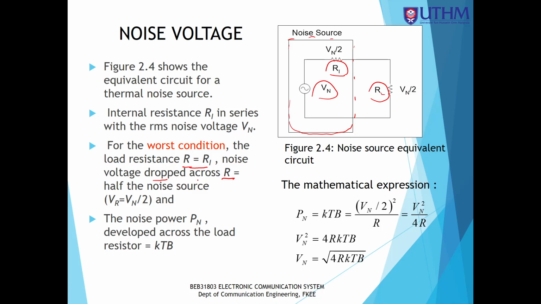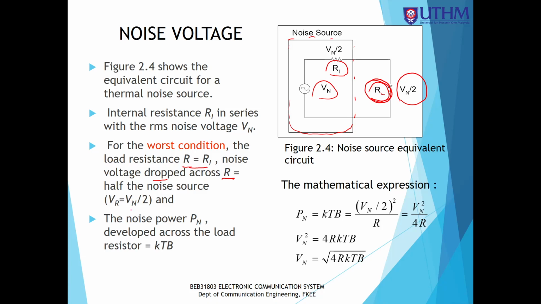When the load resistance equals the internal resistance of the noise source, the voltage drop across the load resistance is half of the noise source. So this is considered as the worst case scenario.